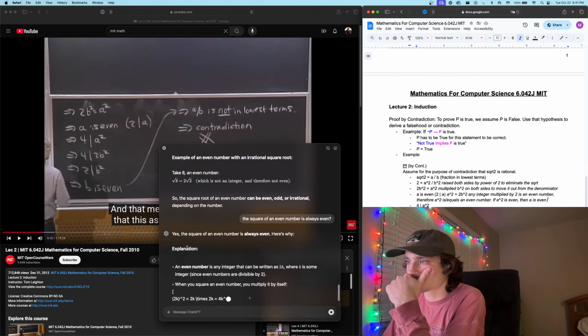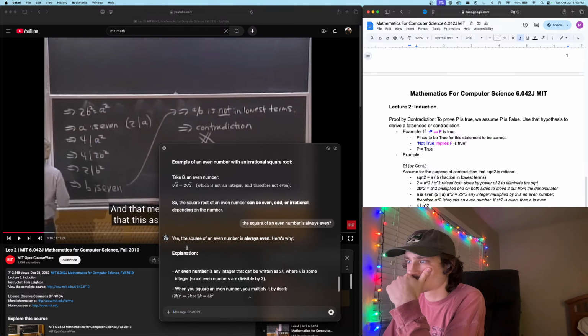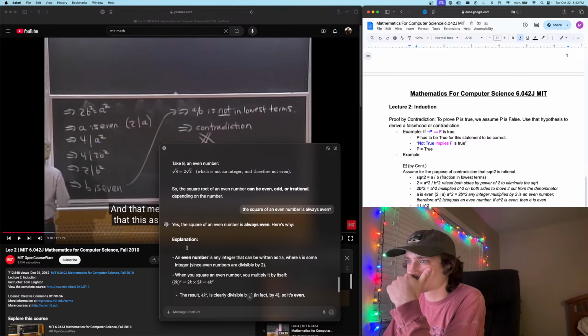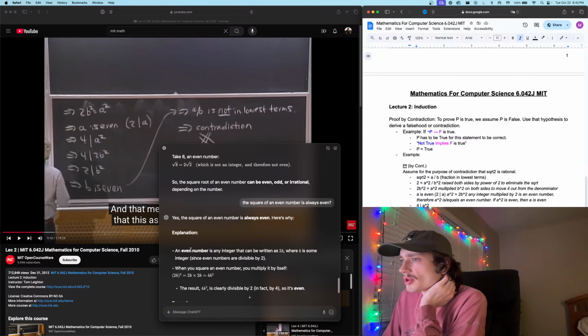An even number is any integer that can be written as 2k, where k is some integer.